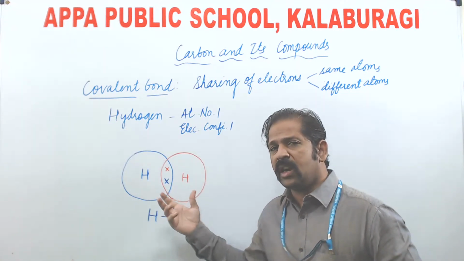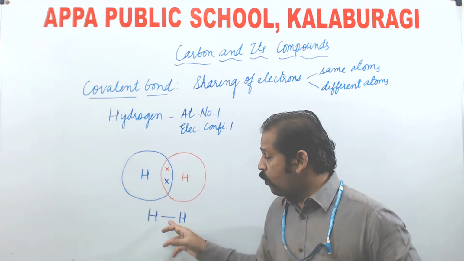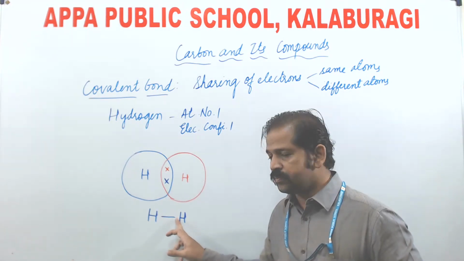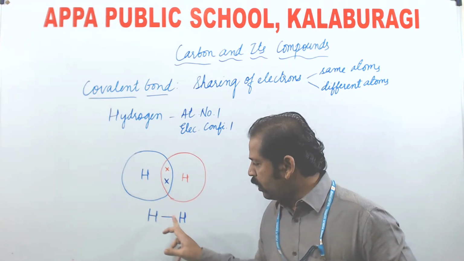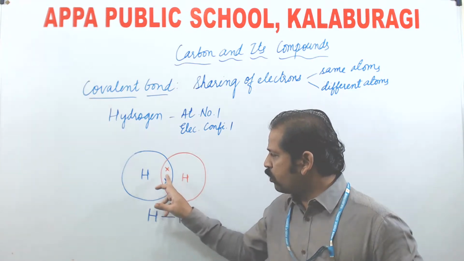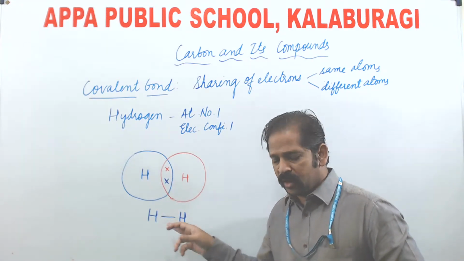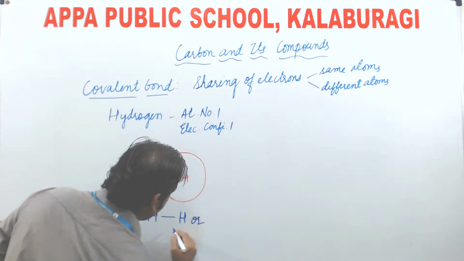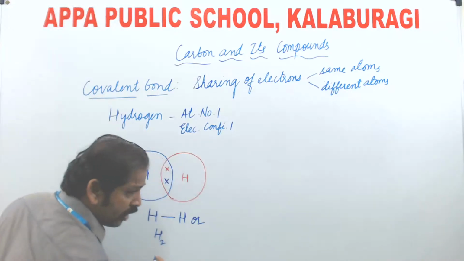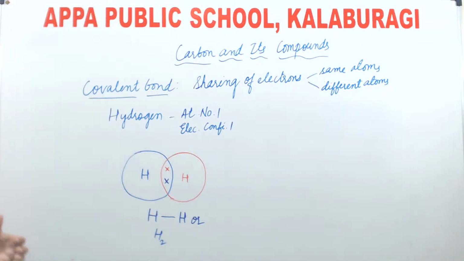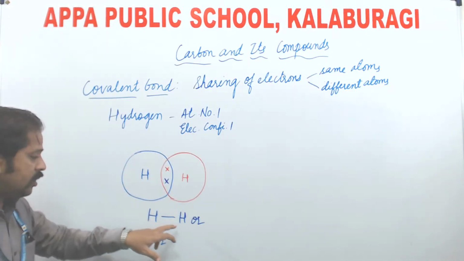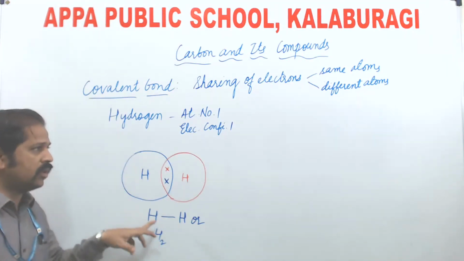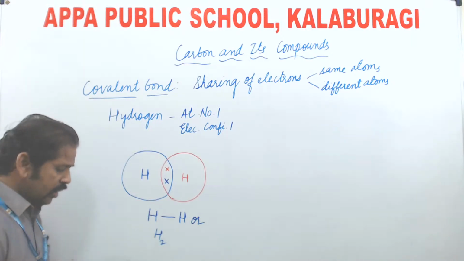If it is bonding with carbon also, it should have only one bond, one electron from its side. Then two electrons are sharing, and one bond is there. So it is also written as H2. Yes, sharing between two H is also called H2. Now you got the idea why it is H2.